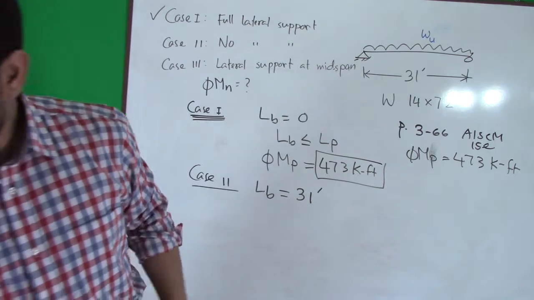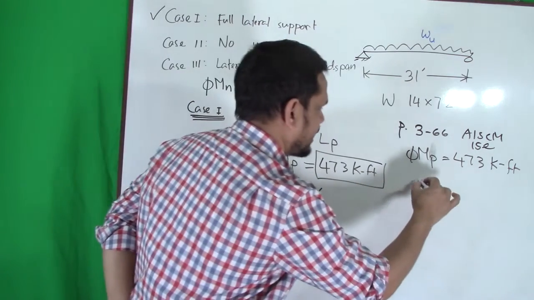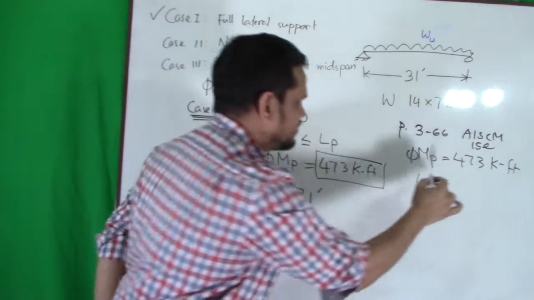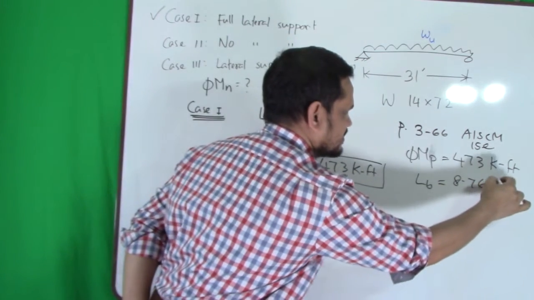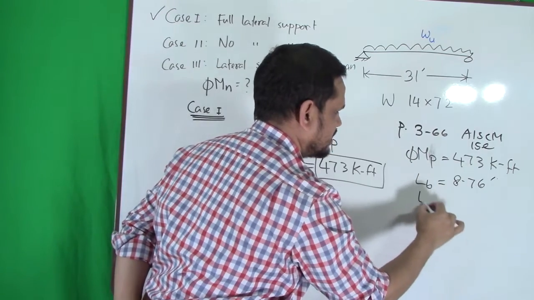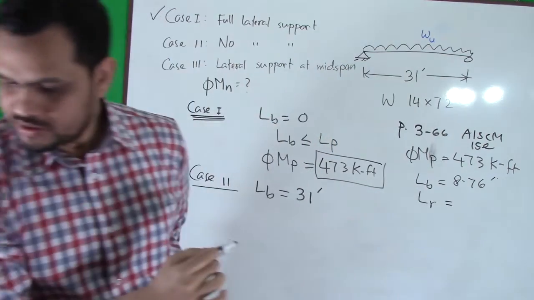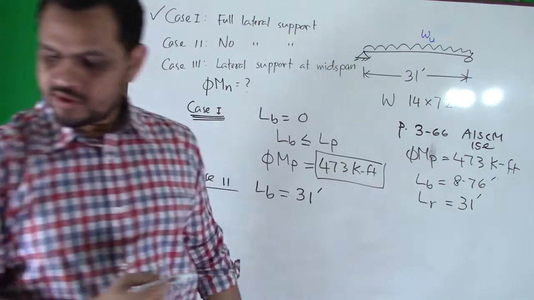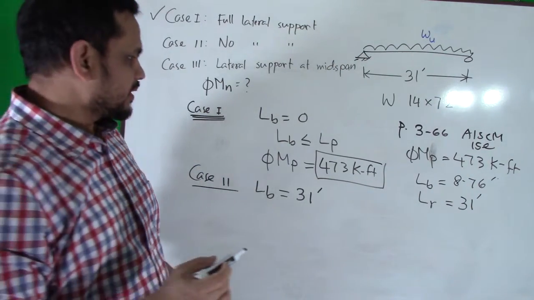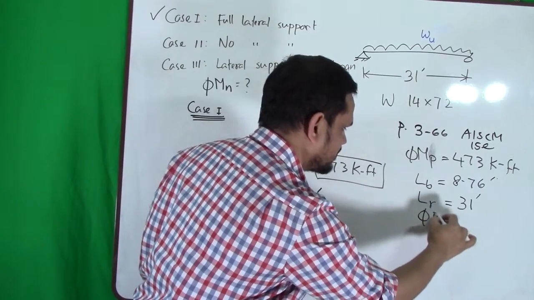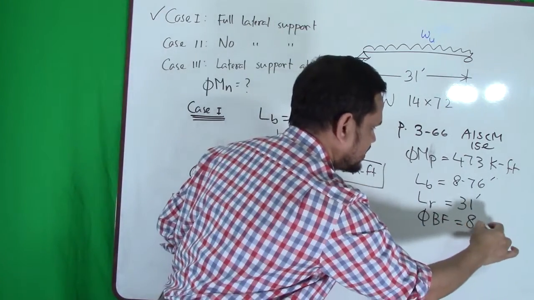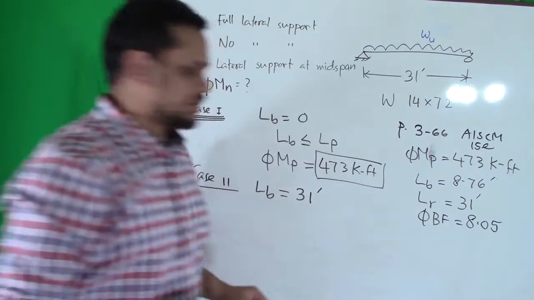It is on the same page. LP is 8.76 feet. LR is 31 feet. And then we also found BF is 8.05.